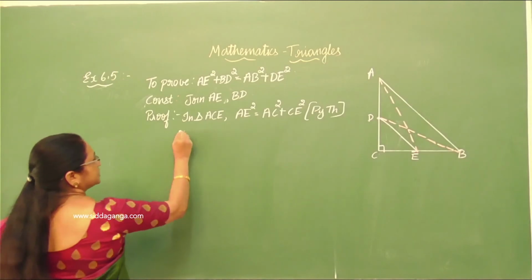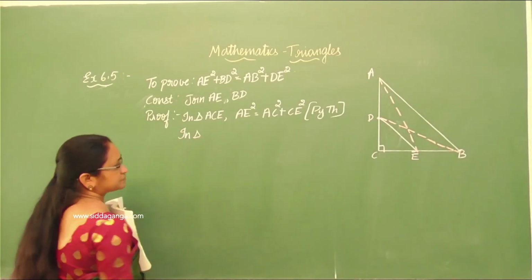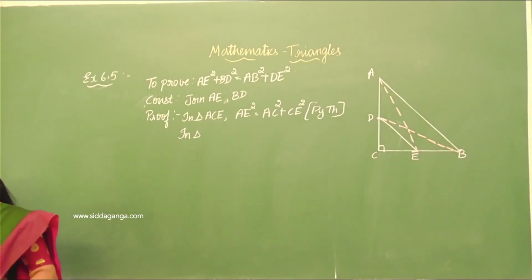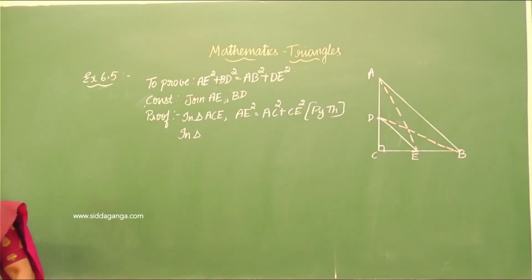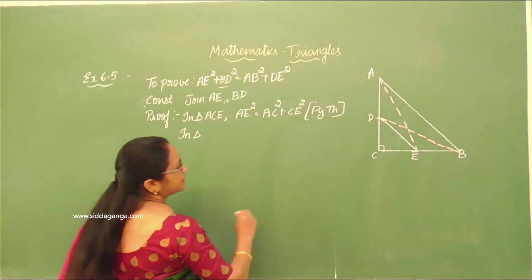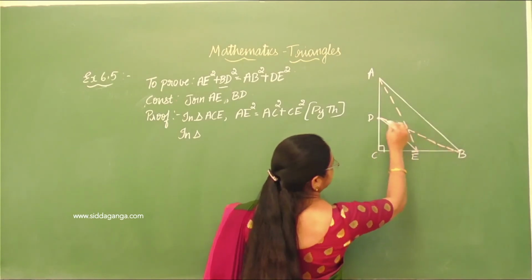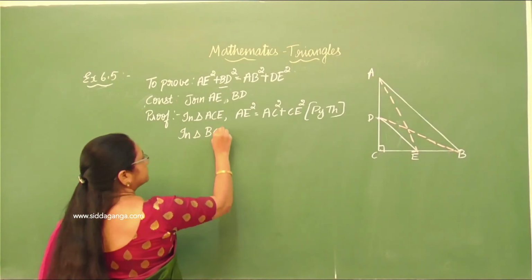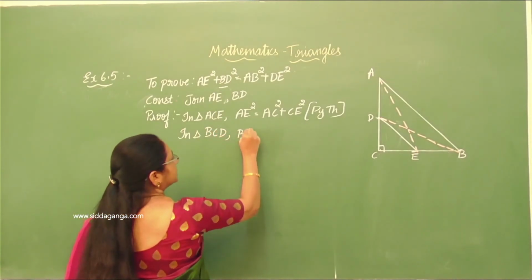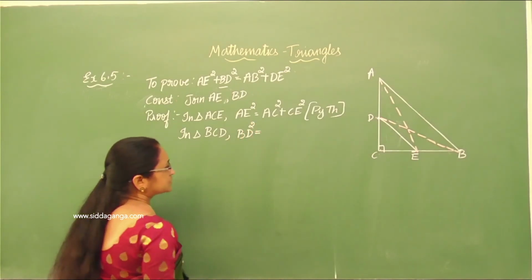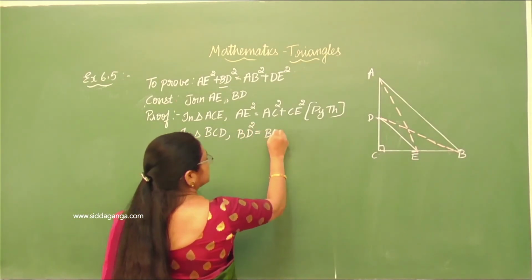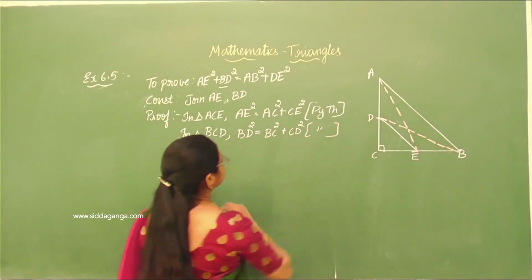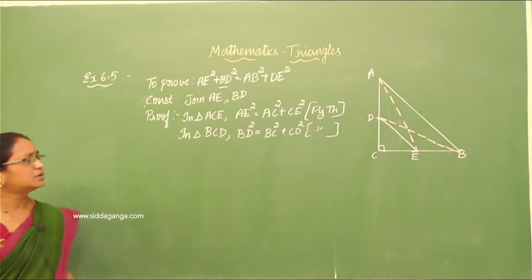Same way, in triangle, you all know that is a right angle triangle, we need BD square. BD is involved in which triangle? In triangle BCD, BD square is equal to BC square plus CD square, again by Pythagoras theorem.